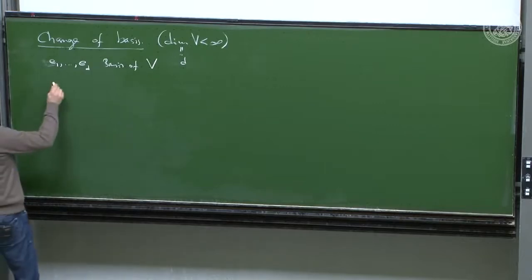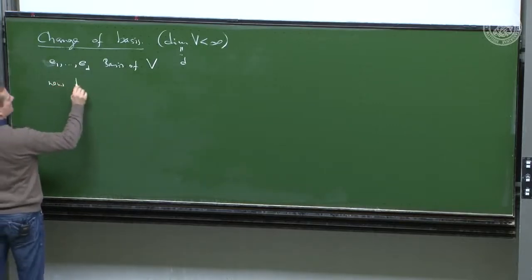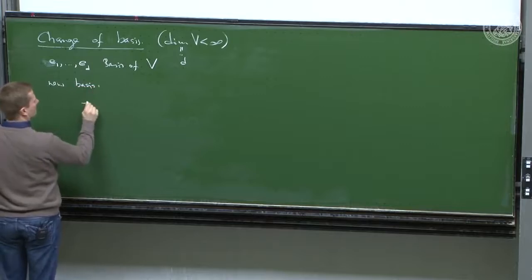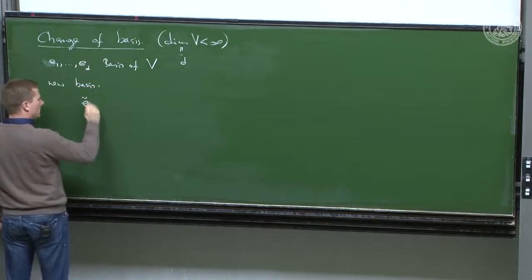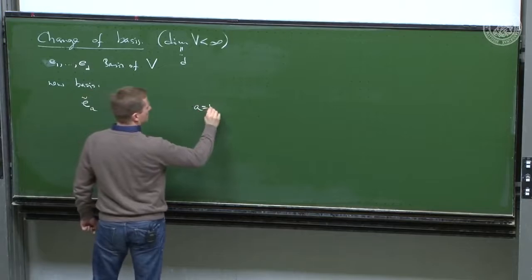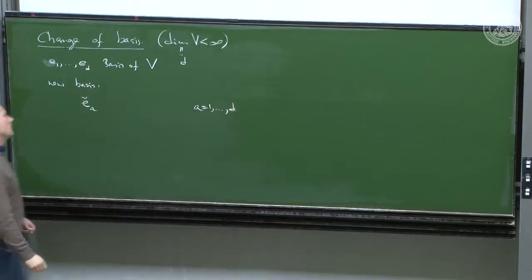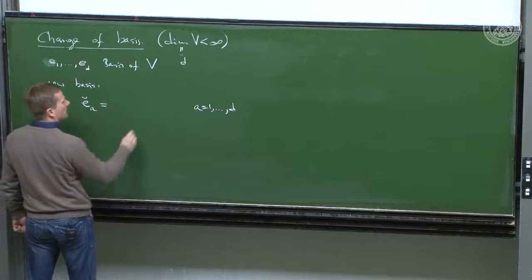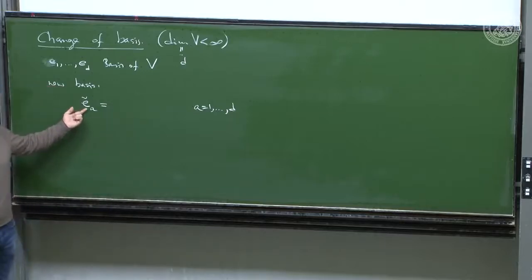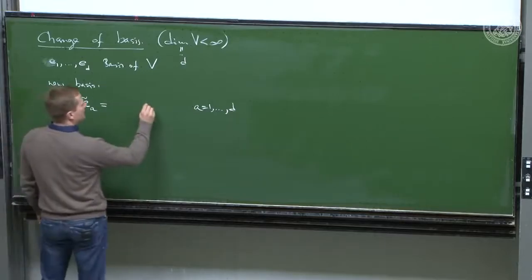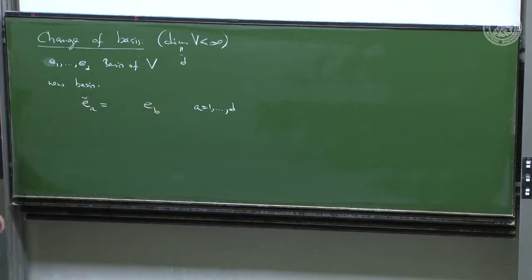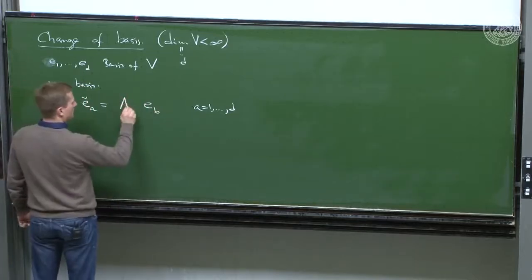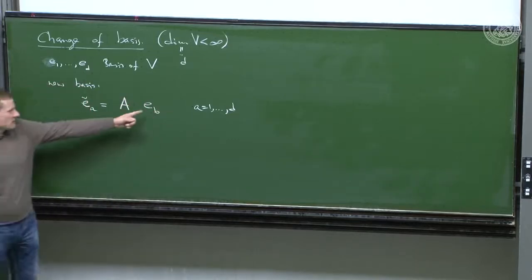Then, of course, we can construct a new basis. Let's call it E twiddle A for A equals 1 to D. It will have the same number of elements, and these will be vectors again. Each of these vectors can be expressed as a linear combination of the original basis, because that's what a basis is.